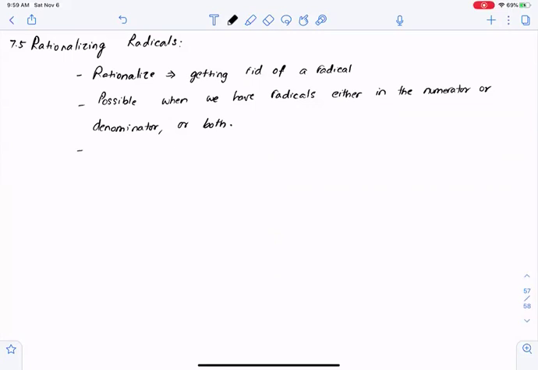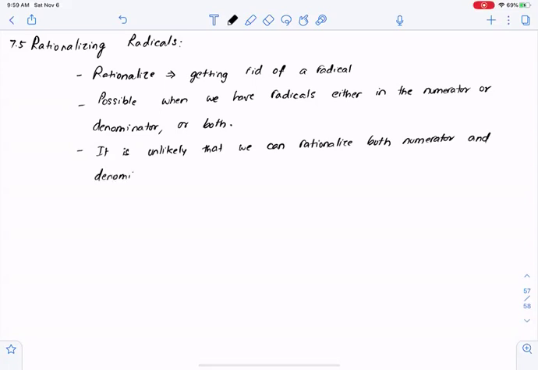So in most cases, it is unlikely that we can rationalize both numerators or numerator and denominator.